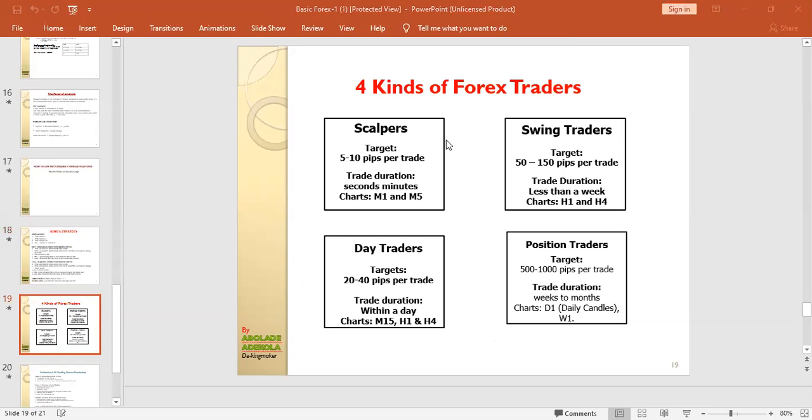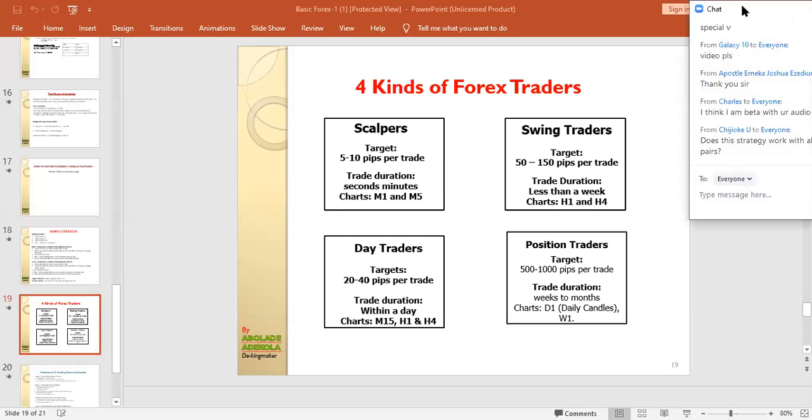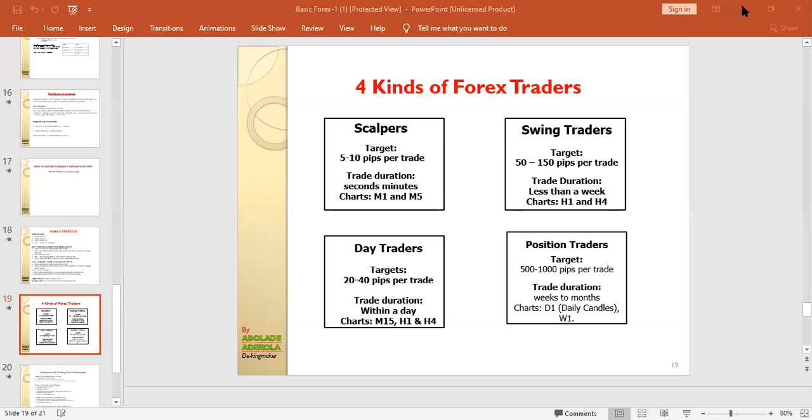Now, we have 4 kinds of forex trader. This is where a lot of people don't even know where they belong. You as a trader, for those of us who have been trading, okay, I think we have a question. Does this strategy work with all currency pairs? All currency pairs. It works with stock. It works with anything tradable on MetaTrader 4.